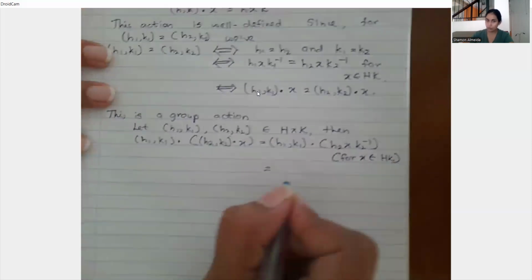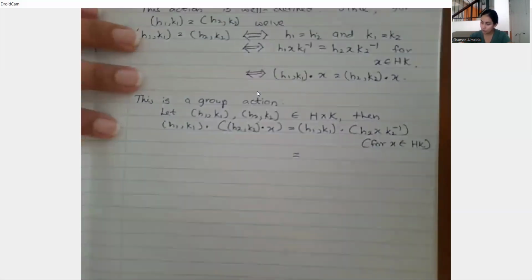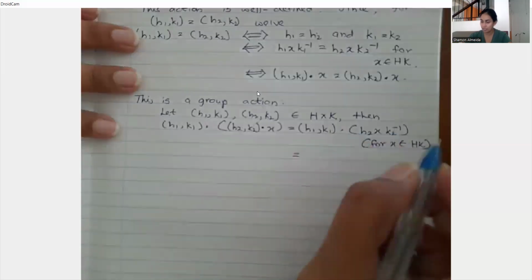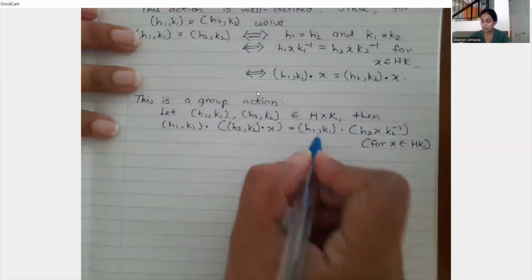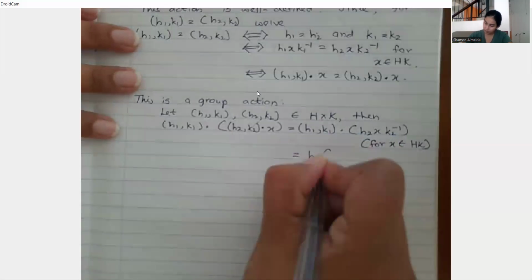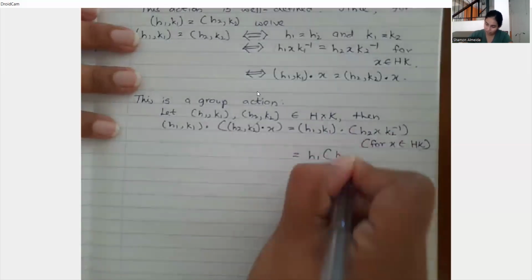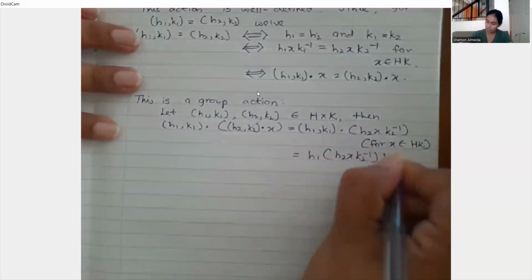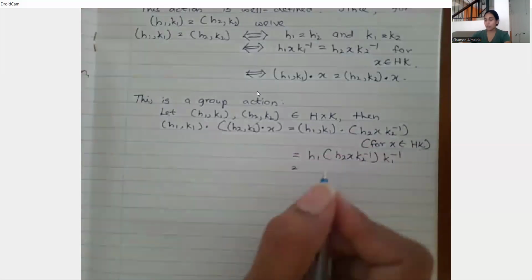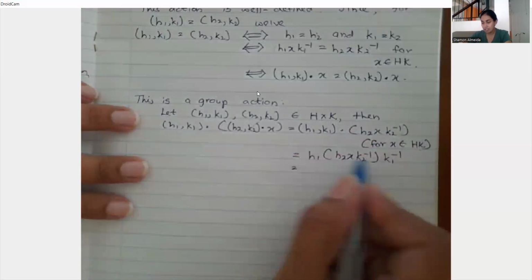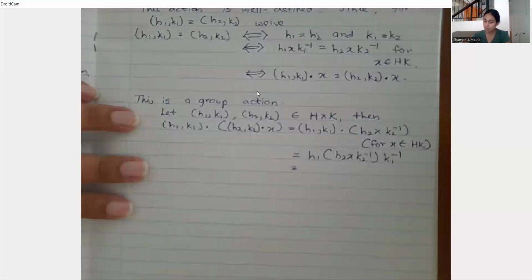This is equal to, once again applying the group action to these two elements, this is an element in HK, this is an element in H cross K. We see that this ends up being h1 times the element h2 x k2 inverse, which comes from HK, times k1 inverse. Now what do we do? Observe that h1, h2, x, k2, k1 are all elements in G. So now we are using the associative property.